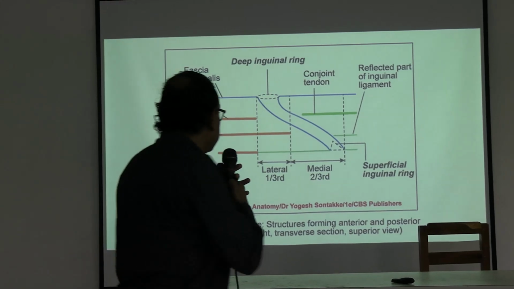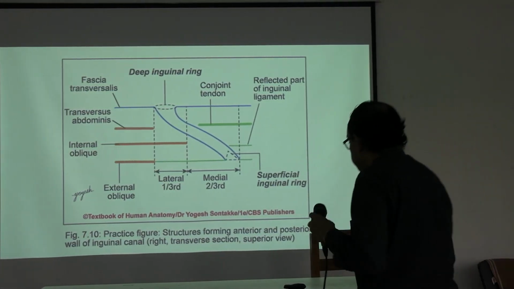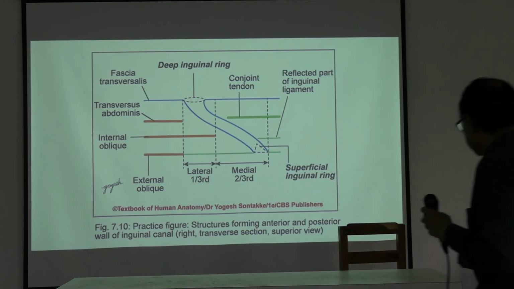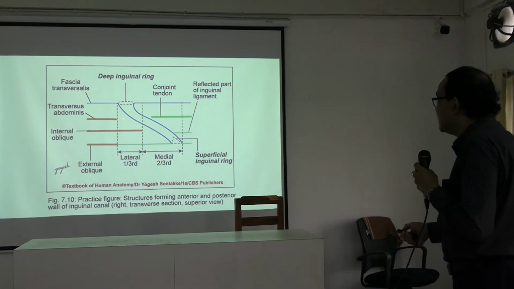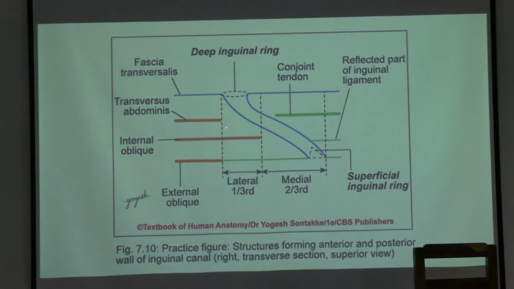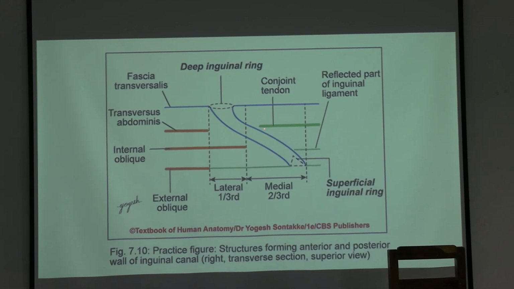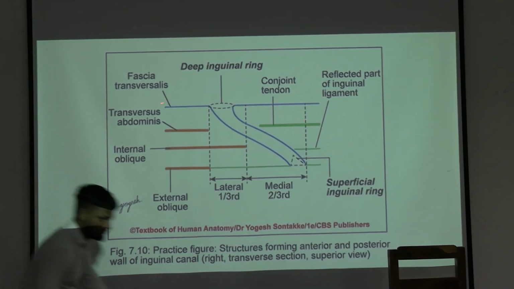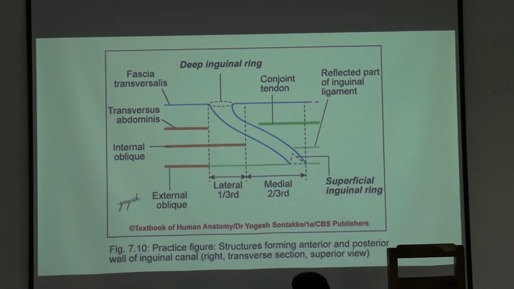So medially we can see the conjoint tendon. Laterally we can see internal oblique, transversus abdominis. These two get fused and form this conjoint tendon. Deep to this transversus abdominis, we will get the fascia transversalis.